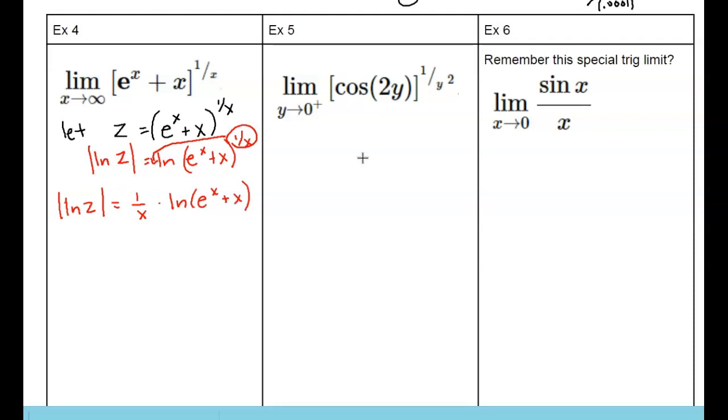And so really what ends up happening is, because we let that be z, I really have the limit as x approaches infinity of the new expression, and it equals this. Now these I can write as one fraction.